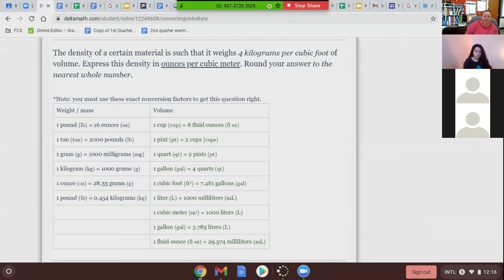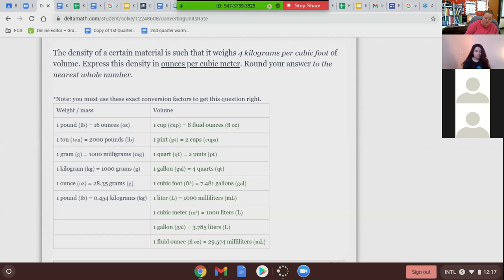Yes, so that very bottom one on the left, in the black. 1 pound equals 0.454 kilograms. So I would erase the cubic feet by 1 kilogram already? No, okay, so you have 4 kilograms over 1 cubic foot, right?